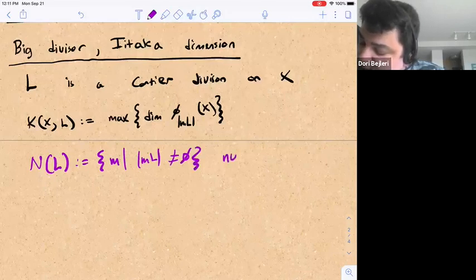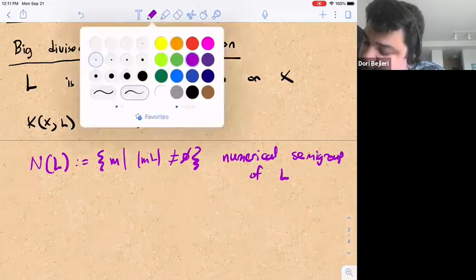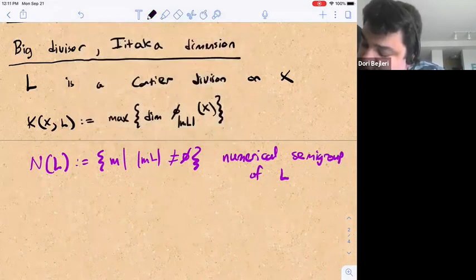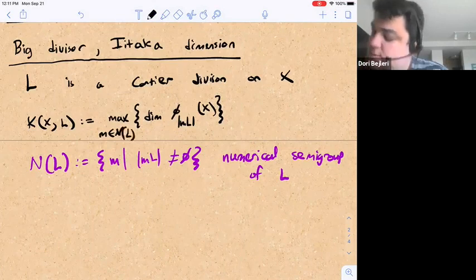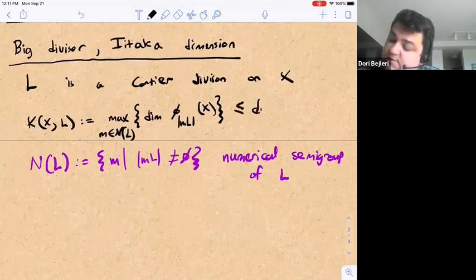It's the numerical semigroup of L. And so this maximum is over all integers in N. Otherwise, it doesn't really make sense to talk about the image of the map phi. And then by definition, this is less than or equal to the dimension of X.